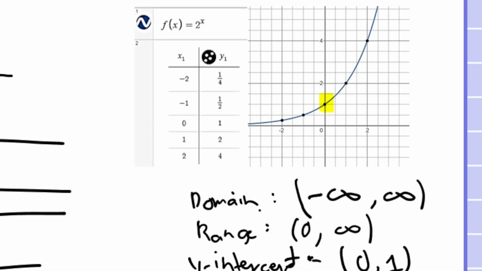Then, what is our horizontal asymptote? We can see here that our graph approaches 0, but it never touches 0. Right? So, our horizontal asymptote is y equals 0.